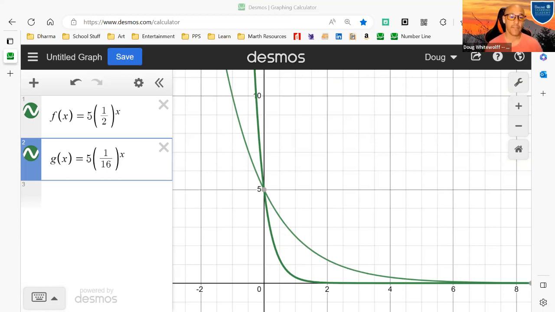The decay of isotopes. So this may sound familiar to you from science. From science, we estimate how old things are from the distant past, from a long time ago.